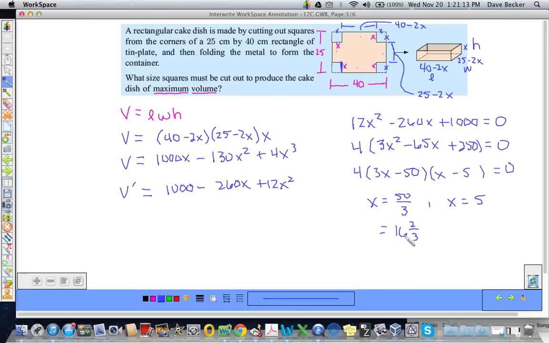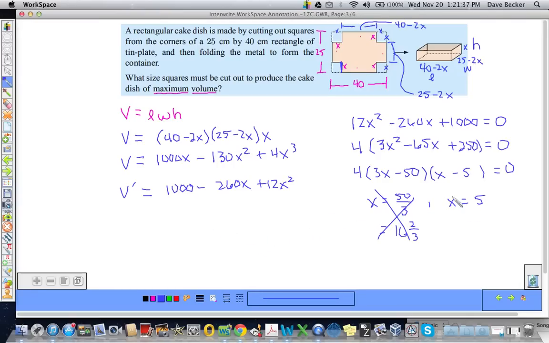Let's just think about 16. If I cut 16 centimeters this way, I would not have enough to cut 16 centimeters the other way on the other side, because 25 minus 16 is 9. I'd only have 9 centimeters left. So therefore, this is not even possible.